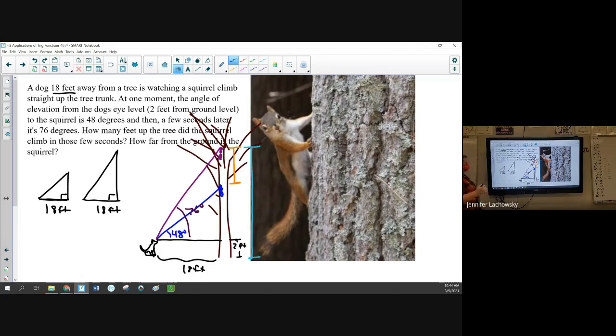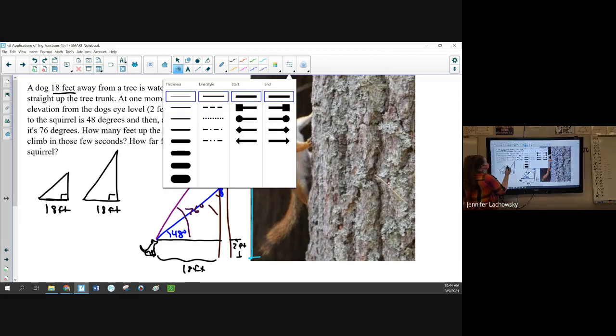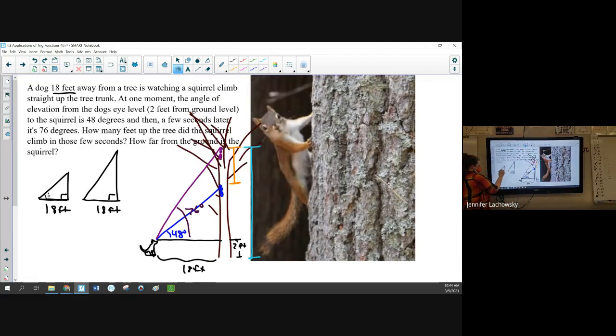What else? The angle, good. So we know that this is 48 degrees. And we know this is what? 76 degrees? Okay. What can we do?